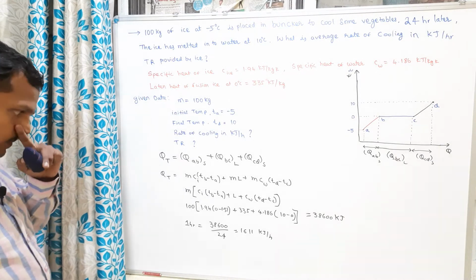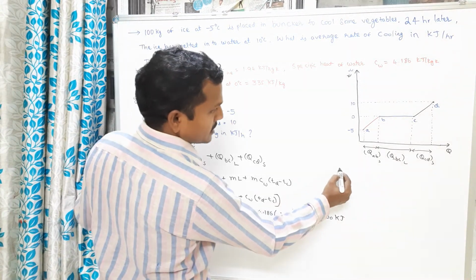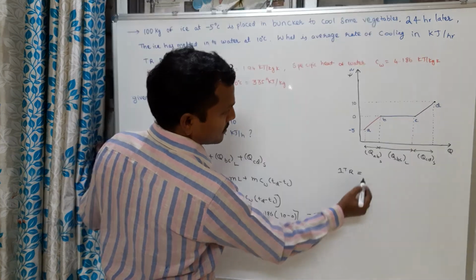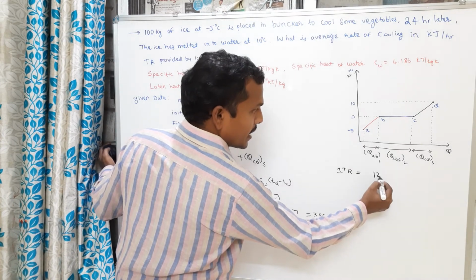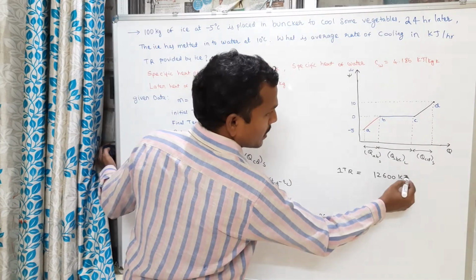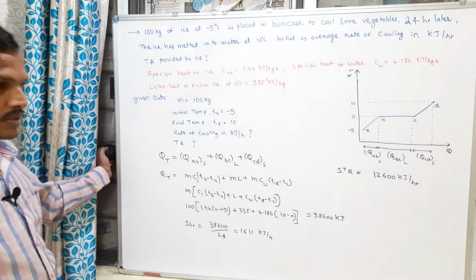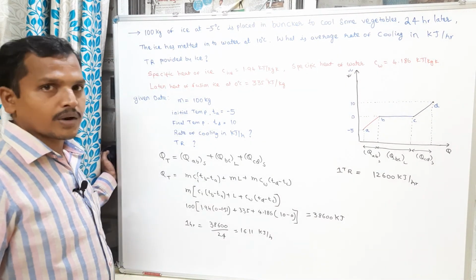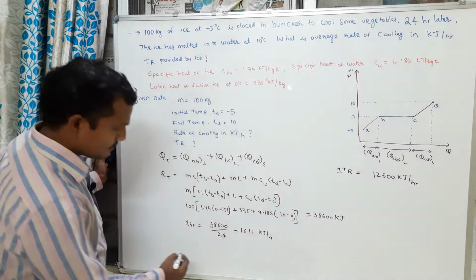So in ton of refrigeration, one ton of refrigeration per hour is equal to 12,600 kilojoule per hour.